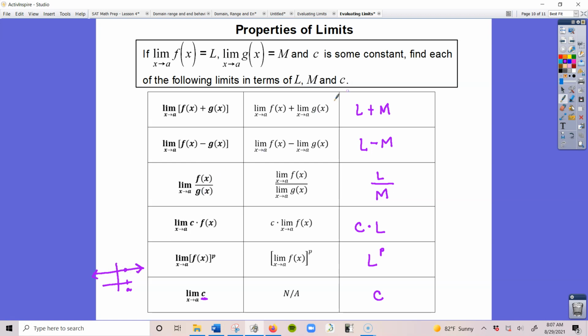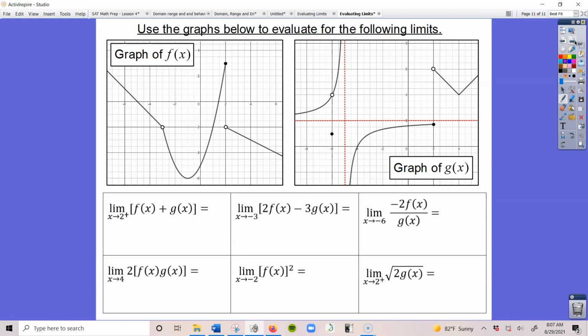So let's apply these properties using some graphs. We have here the graph of f of x and the graph of g of x, and we're going to answer these questions. So here we have the limit as x is approaching 2 from the right of f of x plus g of x. So first we're going to find the limit as x is approaching 2 of f of x, which here is 2, and it says from the right.